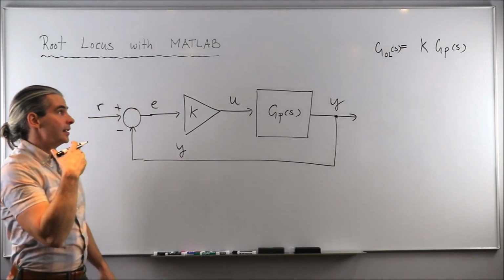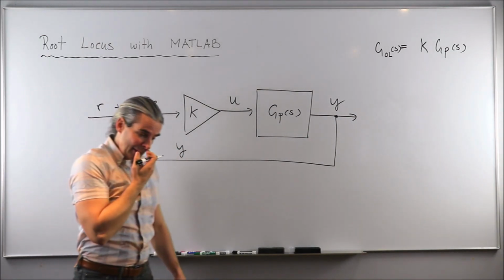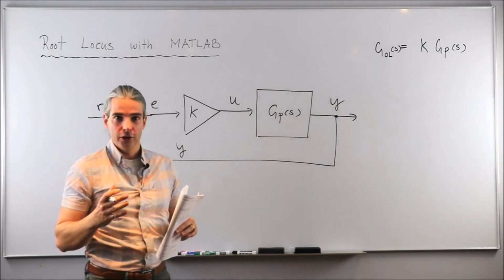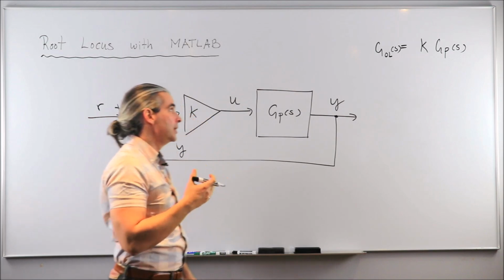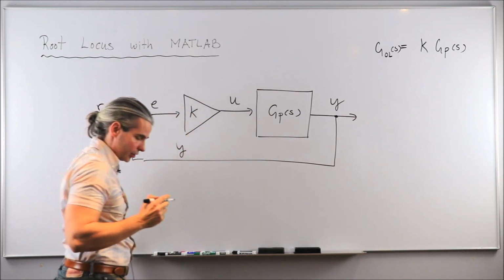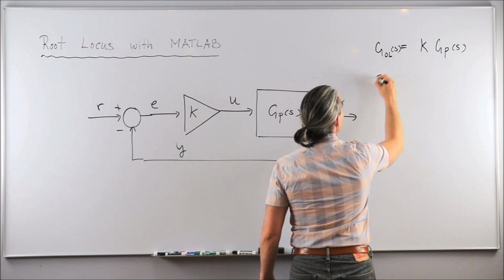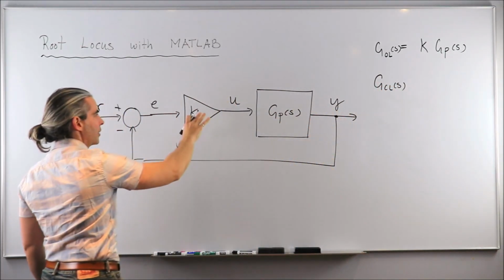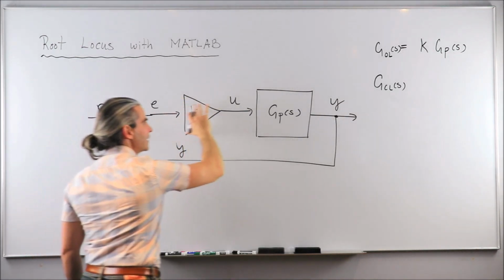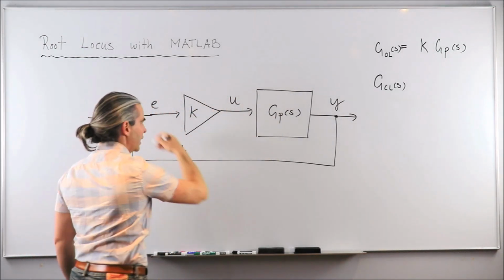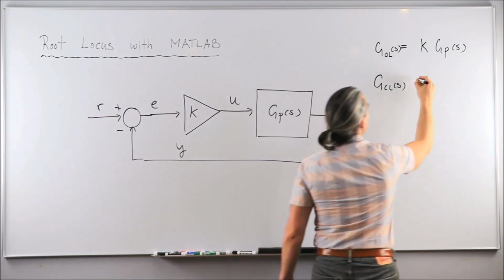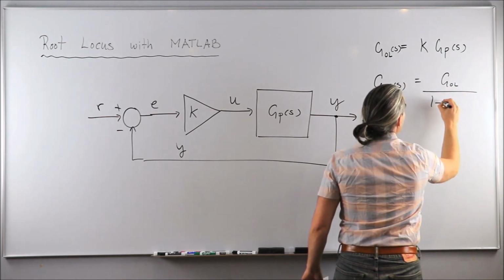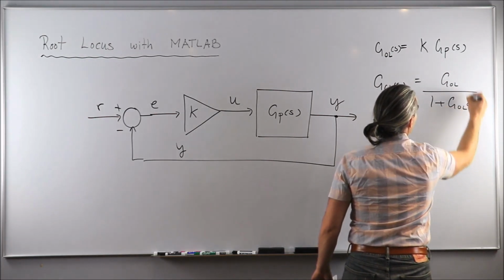But then we said, okay, the root locus being a visual mapping of all the closed loop poles, it means that we needed to obtain the closed loop transfer function. Fine. Our closed loop transfer function using this feedback configuration where we have a control gain in series with the plant and then again the feedback loop closing everything was simply G open loop over 1 plus G open loop.